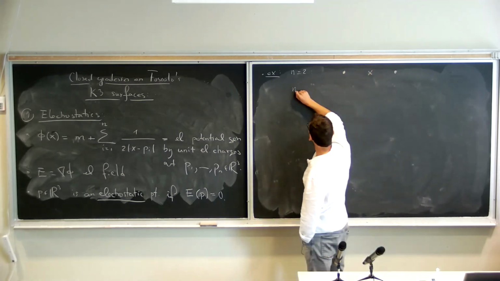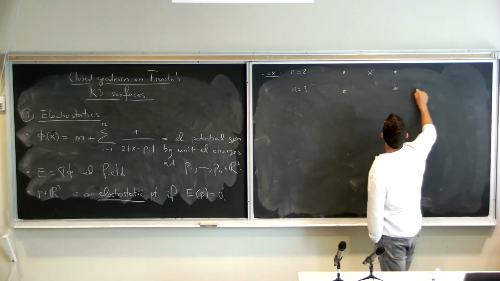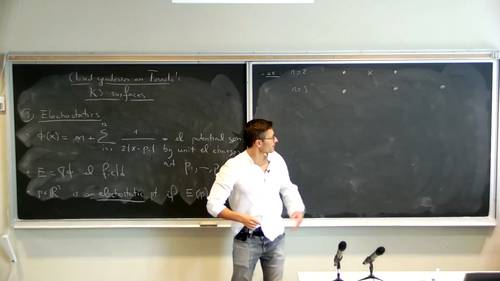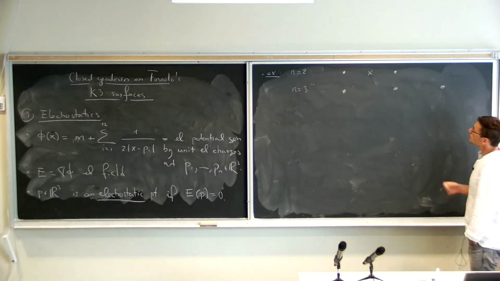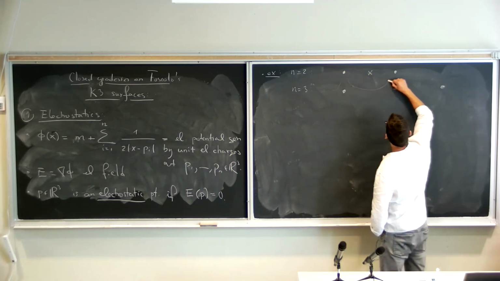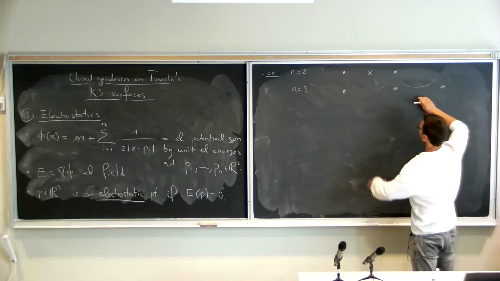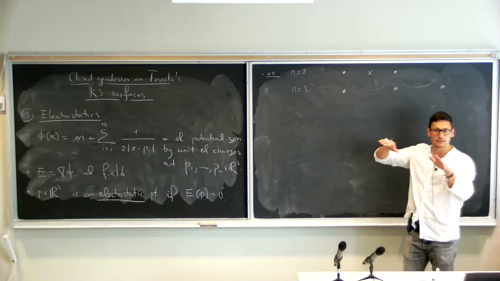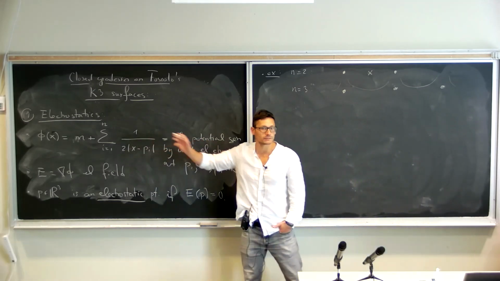Let's now suppose I have 3 electric charges that I arrange in a line. One here, one there, and another one there, equidistant, let's suppose that. So in this case, the electric potential goes to infinity there, goes to infinity there, goes to infinity there. And it has 2 minima here when restricted to this line. These are not global minima because they are saddle points, because phi is actually a harmonic function away from the points.